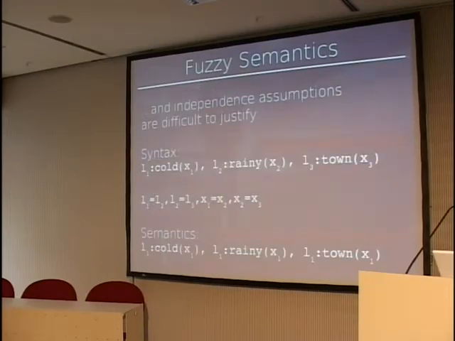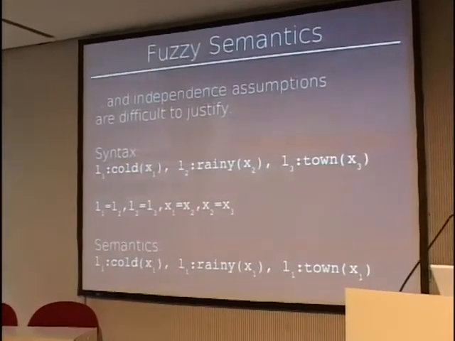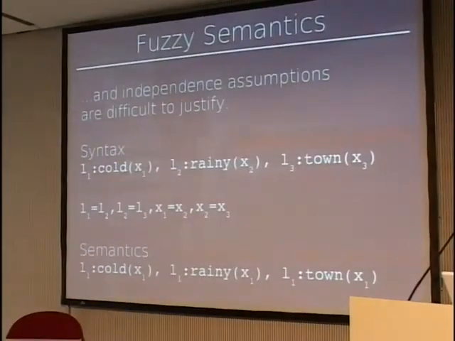And the other thing is that in probability theory, you need an independence assumption for a conjunction. So you flip a coin, the probability that it turns up heads is exactly 0.5. You flip a coin twice, the probability that it comes up heads twice is 0.5 times 0.5. Doesn't that look like a fuzzy conjunction? Well, no, because a conjunction is something logical, whereas a probability looks at event spaces.